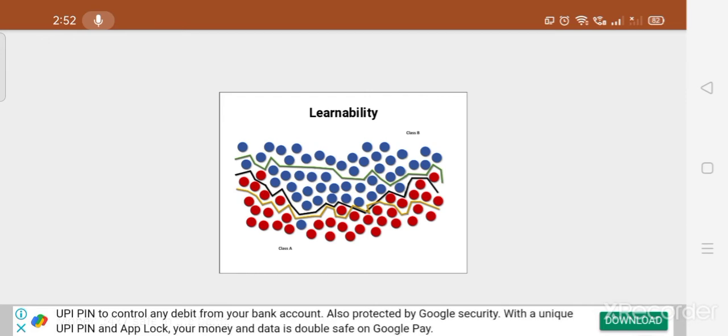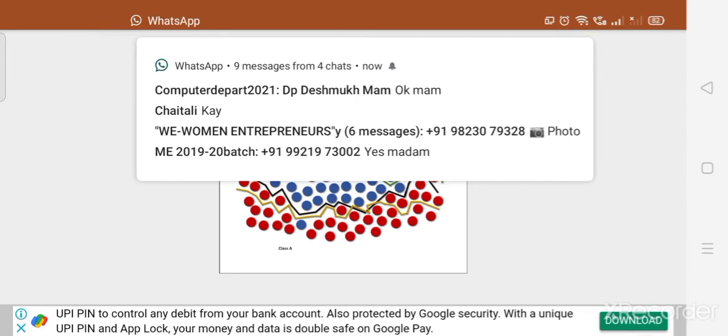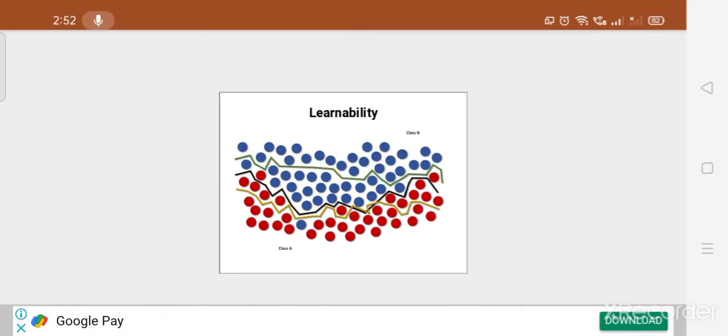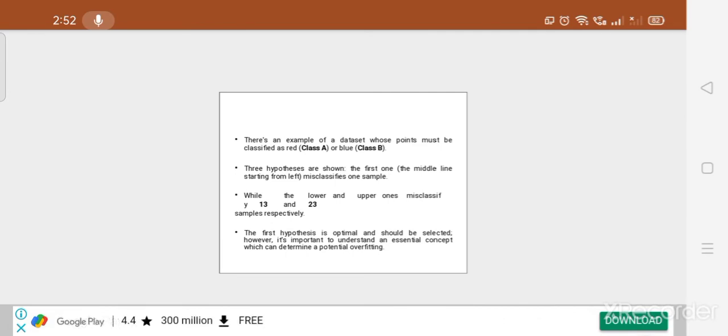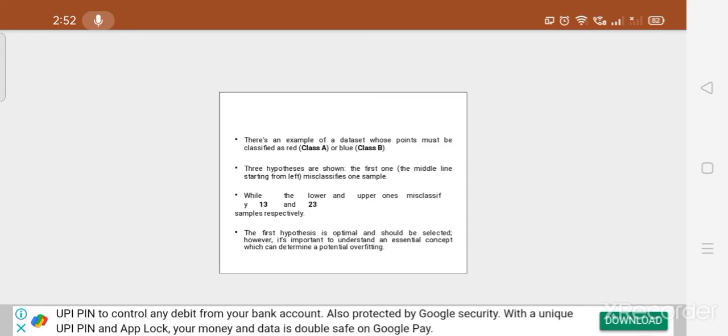So the lower line misclassifies 13 samples, and the upper line misclassifies 23 samples. The first hypothesis is optimal and should be selected, as it misclassifies only one sample.